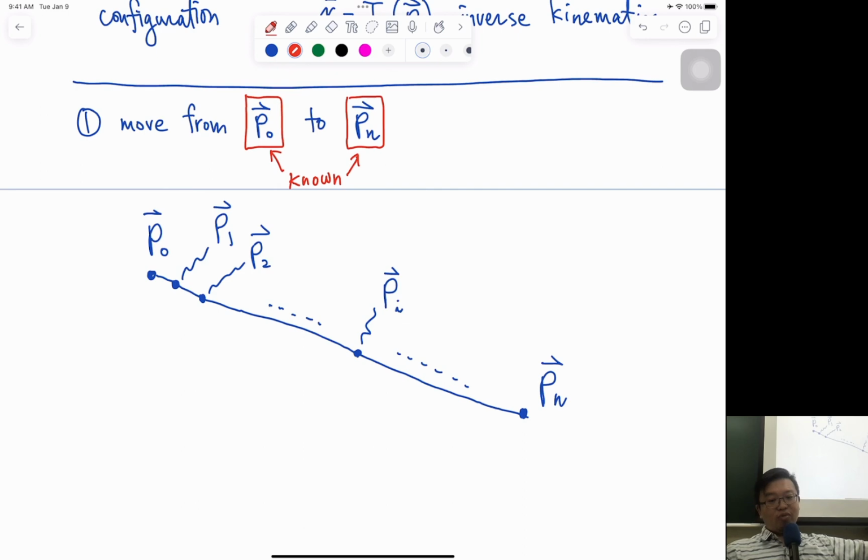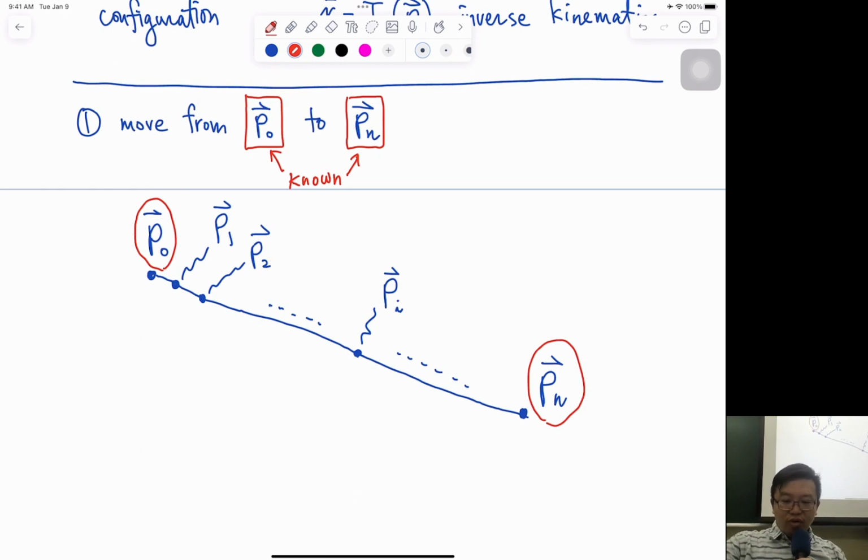You request the robot to move from a starting point to an end point. So those are given information. So these two are given, right? It's very easy to compute the intermediate points on this straight line. It's easy. It's math, right?